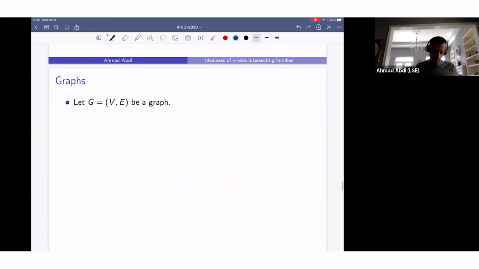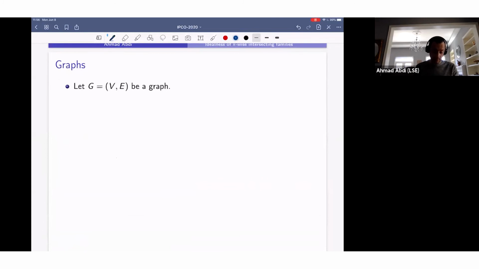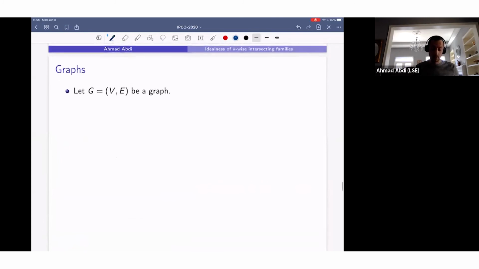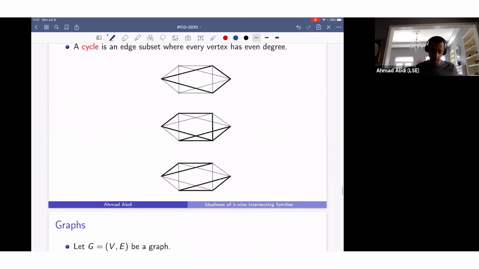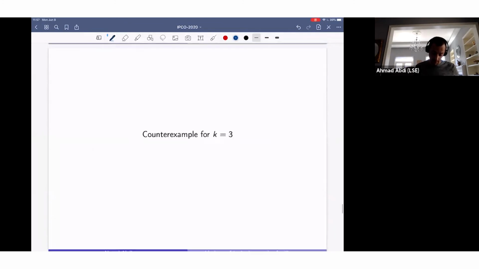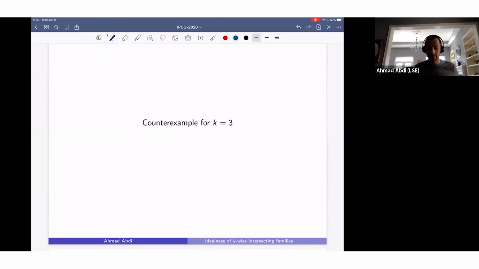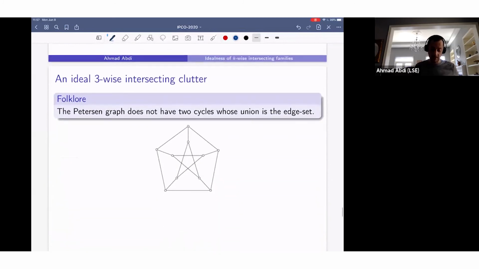I was going to tell you how the 8-flow theorem shows up in this context, but I don't have time, unfortunately. And the counterexample for k equals 3, maybe I'll tell you that it comes from the Petersen graph.